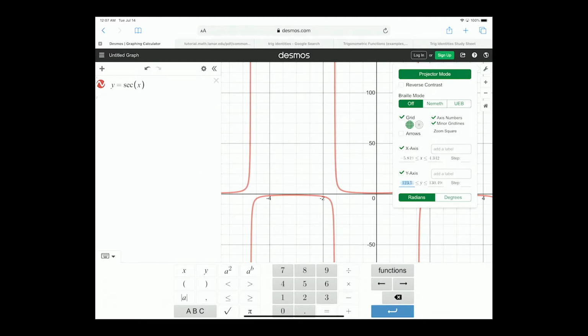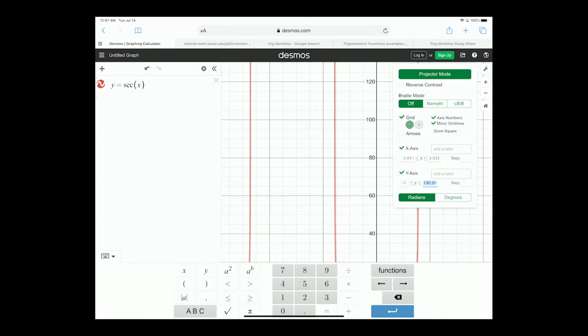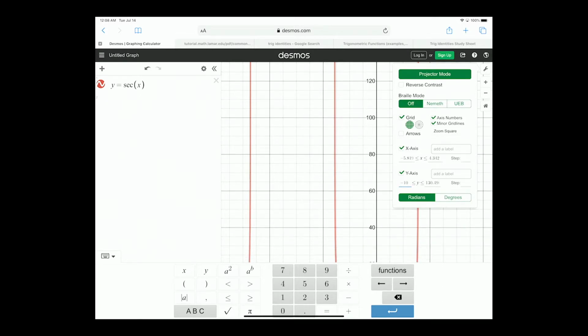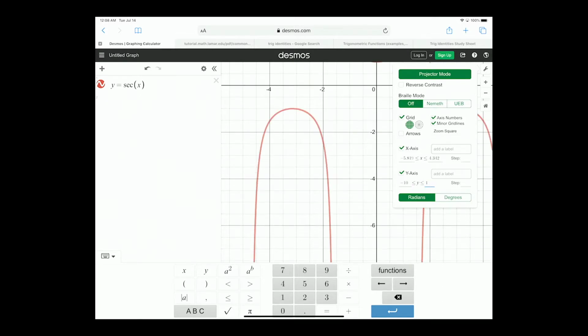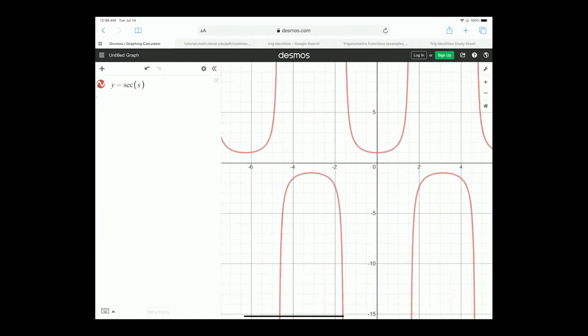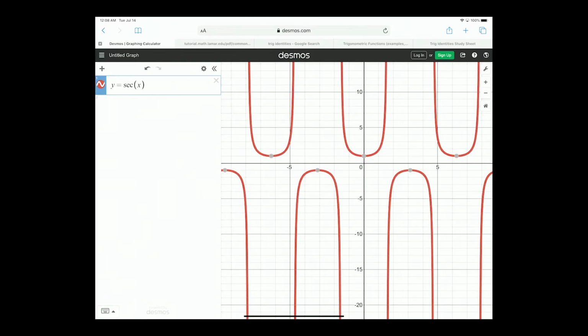So if I go negative 10 and positive 10, then I get a graph that makes more sense. So that's a graph of the secant.